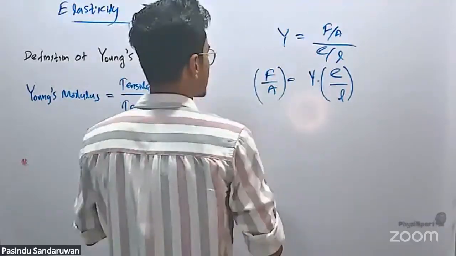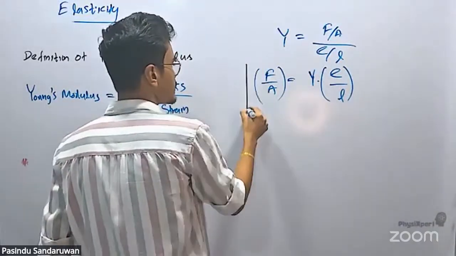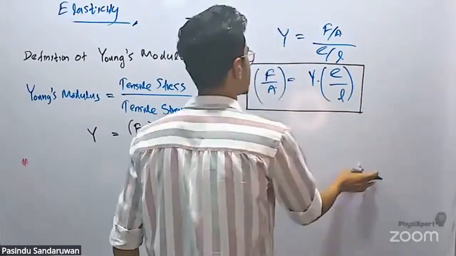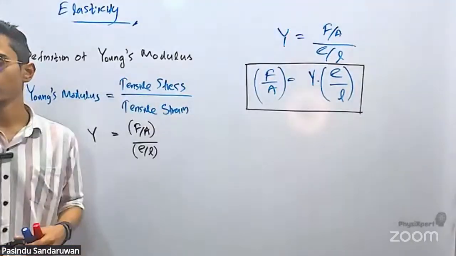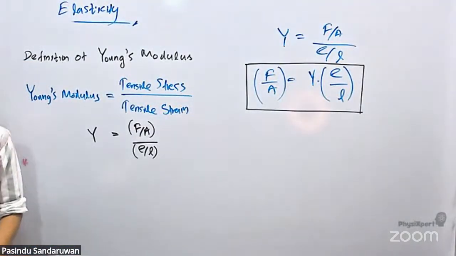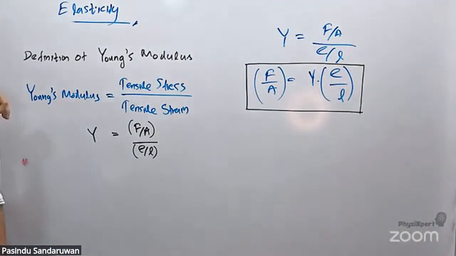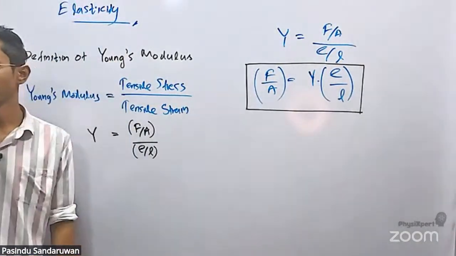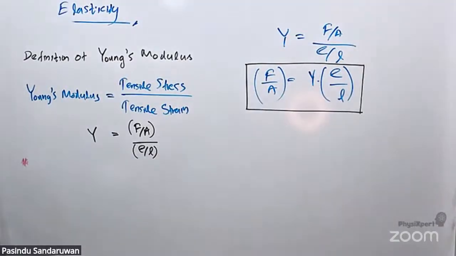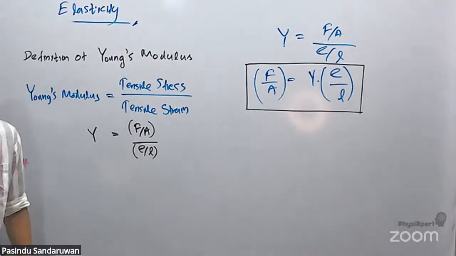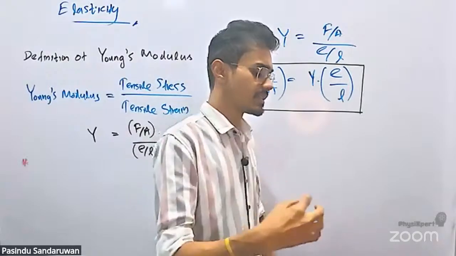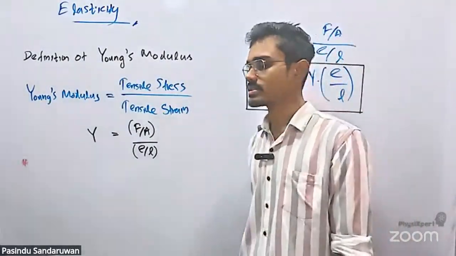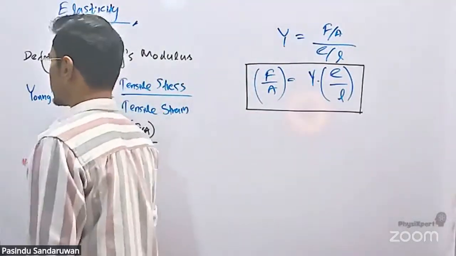Write it down this way and highlight this equation. Understand these fundamental theories to the fullest. Elasticity is also a smaller and an easier part we have.